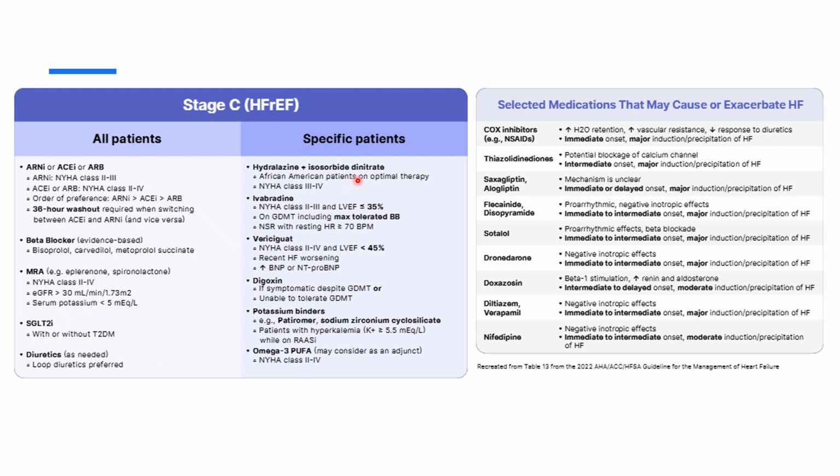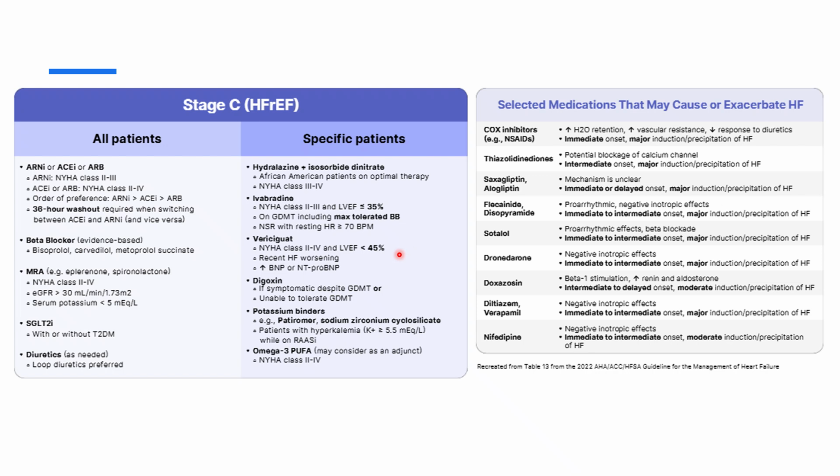Then specific patients, hydralazine plus isosorbide dinitrate used in African American patients on optimal therapy, NYHA class 3 to 4. Ivabradine, NYHA class 2 to 3, and left ventricular ejection fraction of less than or equal to 35%, on GDMT, including maximum tolerated beta blocker, NSR with resting heart rate of greater than or equal to 70 beats per minute.